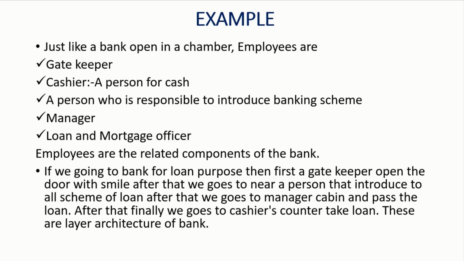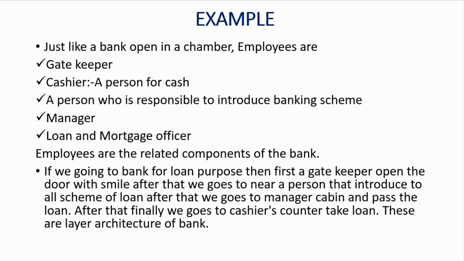Understood? So this is one simple example where one bank is open. Here the employees are the gatekeeper, cashier, a person who is responsible to introduce banking schemes, a manager, and a loan and mortgage officer. And our need is that we need a loan.